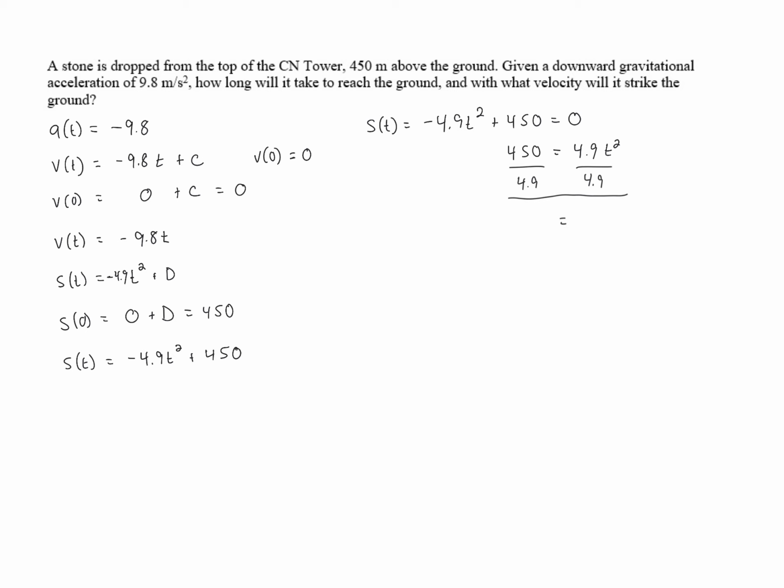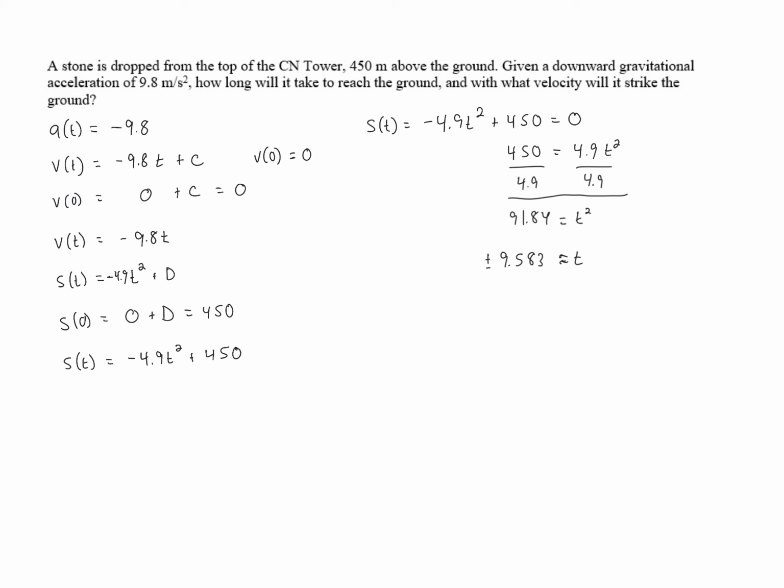Now we can divide both sides by 4.9 to get t squared alone. That tells us t squared is about 91.84. This is an approximate value. Then to get t alone, we take the square root of both sides, and we get plus or minus 9.583, approximately.